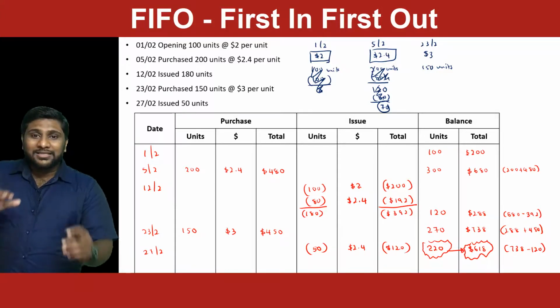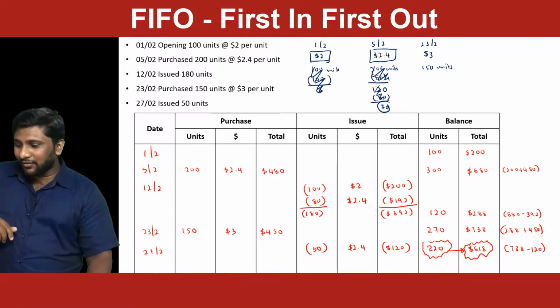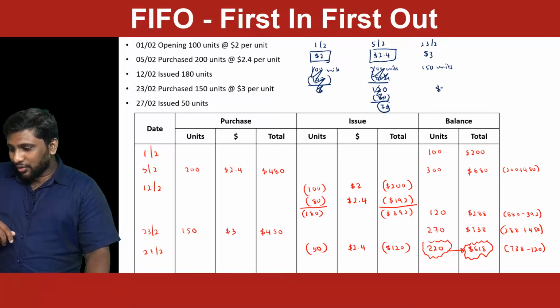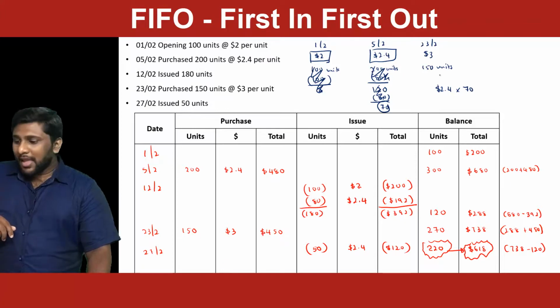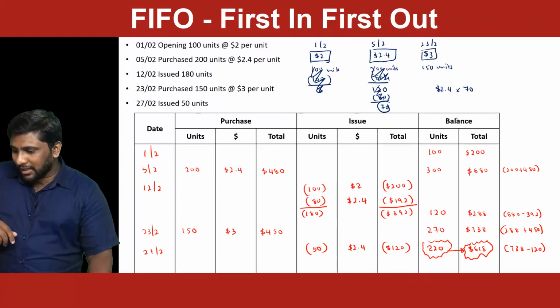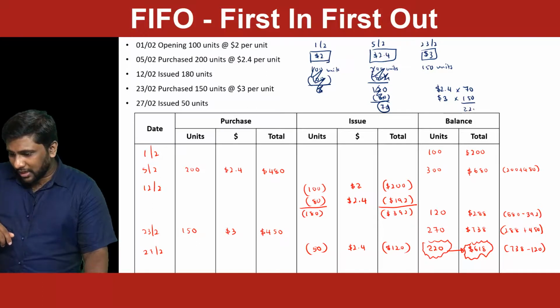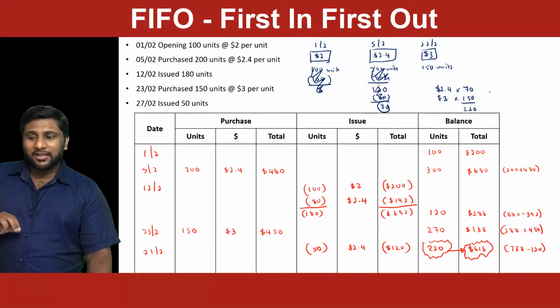Now my month is over. End of the month, what's the inventory that I have? What you have to understand, $2.4 worth materials, 70 units are there. And in my $3 worth material basket, all the units are there end of the month. So end of the month in total, how many units are there? 220 units are there.